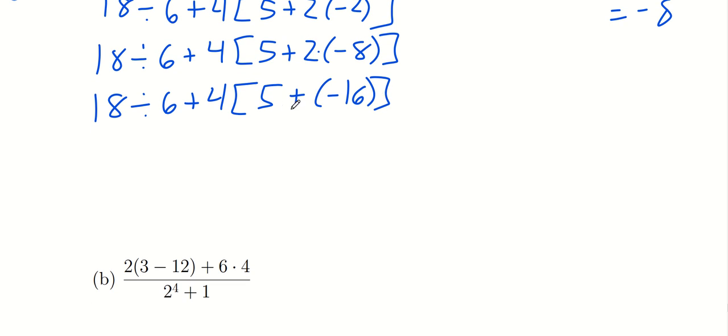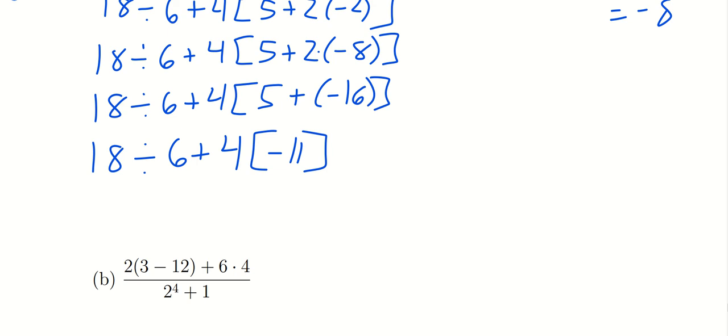And the last operation that's in here is now this addition. We have 18 divided by 6 plus 4 times 5 plus negative 16, which is going to be negative 11. And again, I say times because this 4, which is directly beside this bracket, whenever something's written directly beside something, it's implied multiplication.